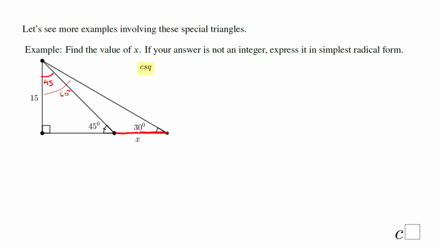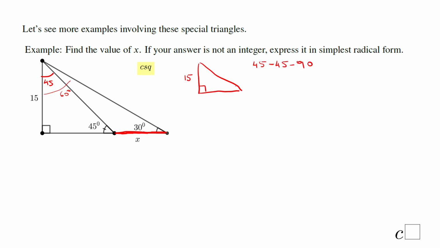Okay, so I would suggest, if you think it helps, redraw the triangles, separate them. The first one, 45, 45, 90. This is the smaller triangle, the smallest triangle.